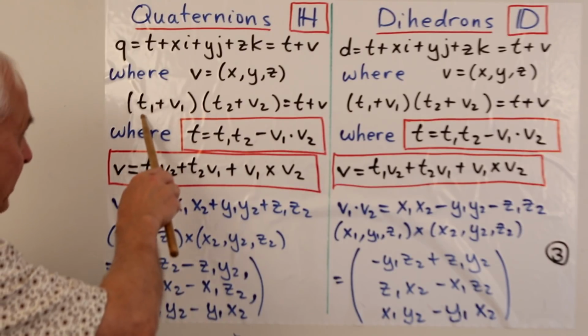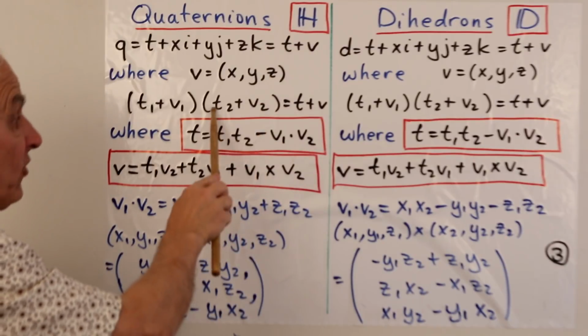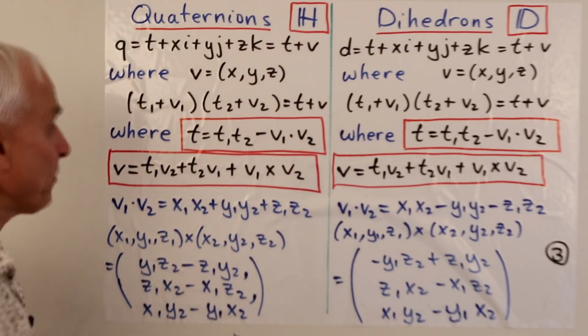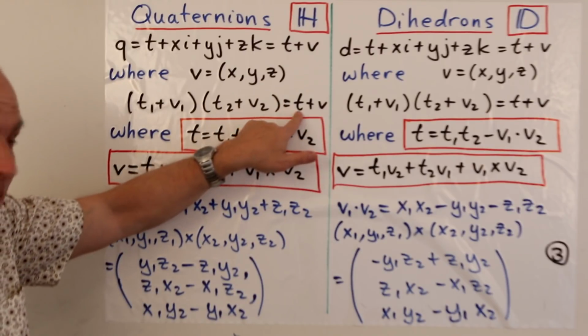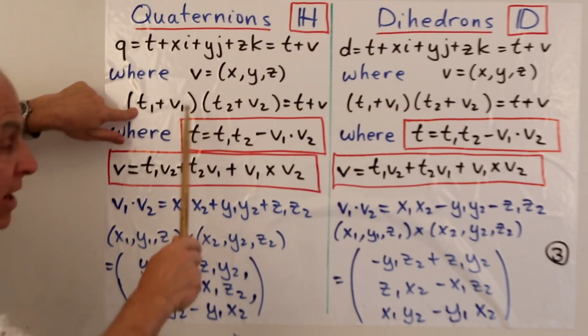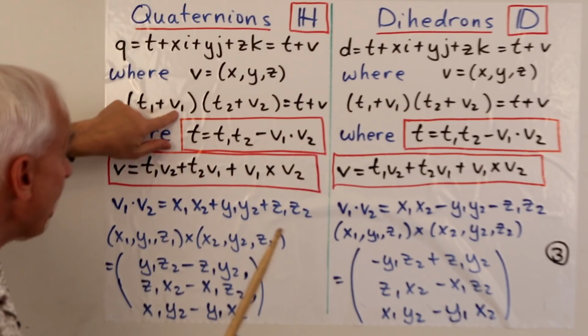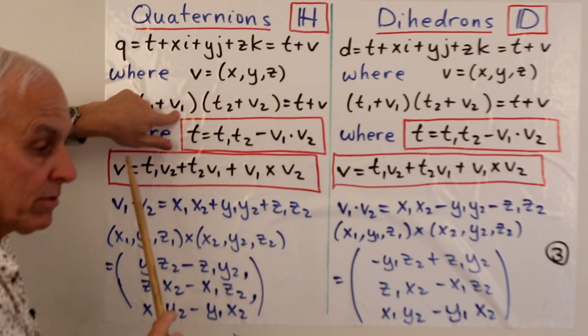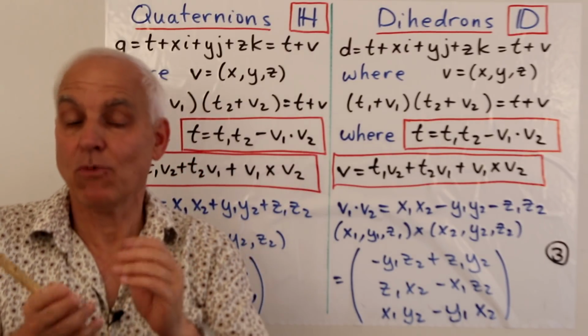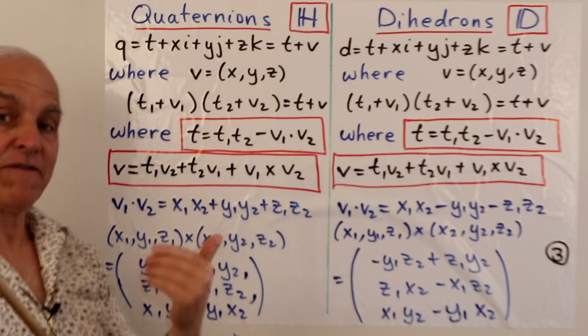If you want to multiply t1 plus v1 times t2 plus v2, you're going to get a third quaternion, t plus v, where the t part, the scalar part, is obtained by taking t1 times t2 minus the dot product of v1 and v2. So v1 and v2 are vectors in three-dimensional space, and we're talking about what ends up being the familiar dot product.